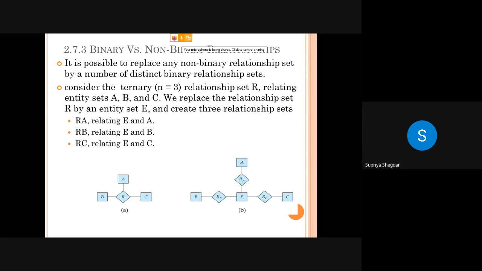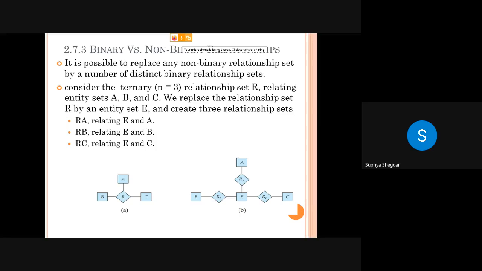It is possible to replace a non-binary relationship set by a number of different binary relationships. If there is a ternary relationship, one that involves three entity sets, we can replace it by binary relationships, and for this purpose we use a number of binary relationships.